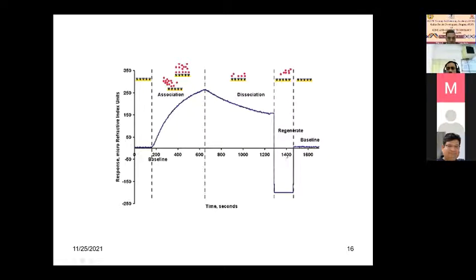The surface becomes regenerated and comes back to the baseline for the next round of antigen immobilization. It means your chip is intact, not wasted, and you can reuse it. You can use these SPR chips 100 times, and they keep on giving results. Once you make them ready, whenever a sample comes, you insert the chip into the machine and run the sample. That's the advantage of this SPR system.